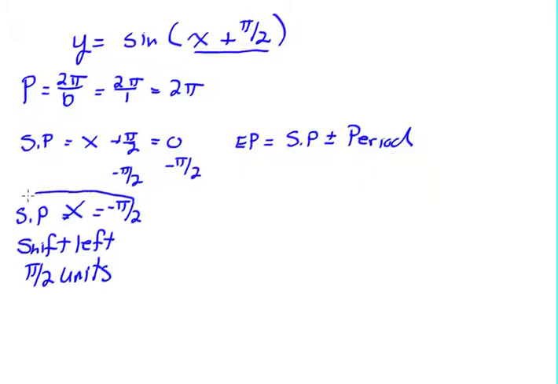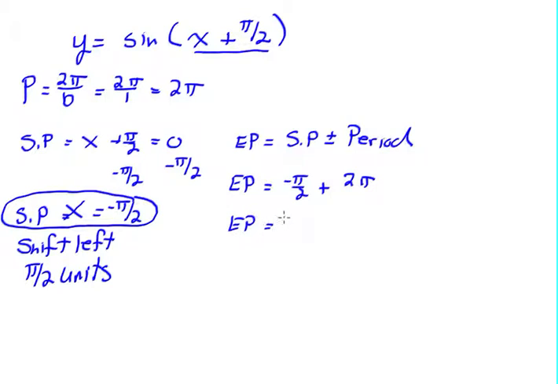So this is our starting point. Our first endpoint will be negative pi over 2 plus 2 pi. Okay, we need a common denominator to add those, so the endpoint will be negative pi over 2 plus 4 pi over 2. So our first endpoint is equal to 3 pi over 2.